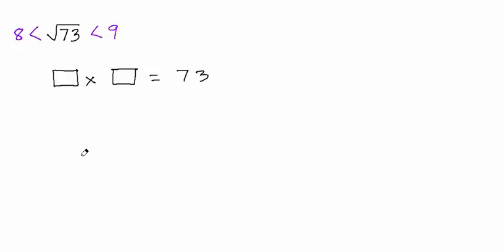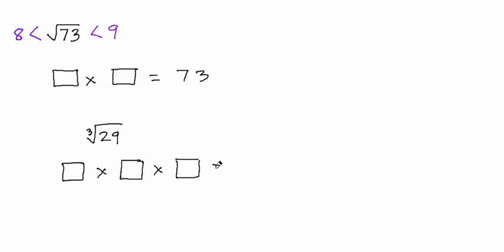Here's another example. We want to find the cube root of 29. This 3 indicates the cube root, which means please find that number for me that multiplies with itself 3 times to give 29. Can I put a 2 in this box? Well, 2 times 2 is 4, 4 times 2 is 8. Nope. Can I put a 3? 3 times 3 is 9, 9 times 3 is 27.